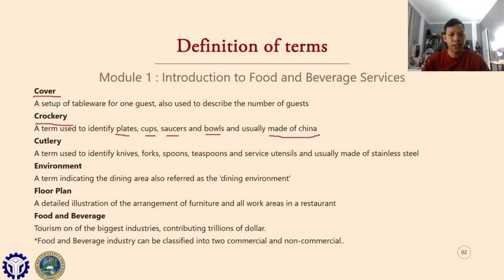For example, if we need to set up the crockery, it means that you need to get the plates, cups, saucers, and bowls, made of chinaware. Not made in China in the particular place, but made of chinaware, those breakable materials.